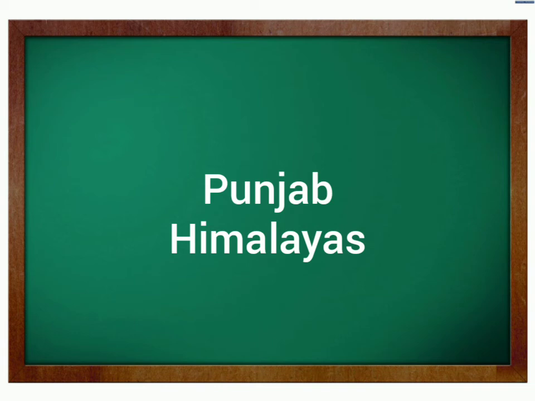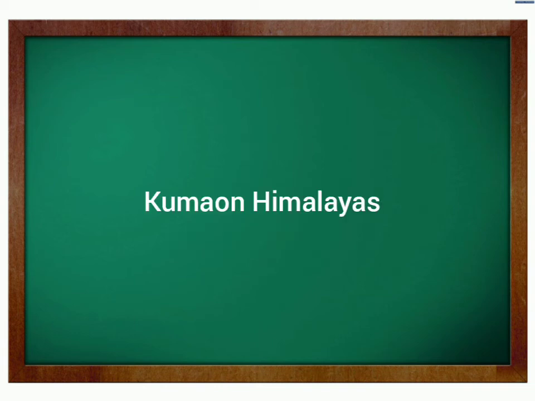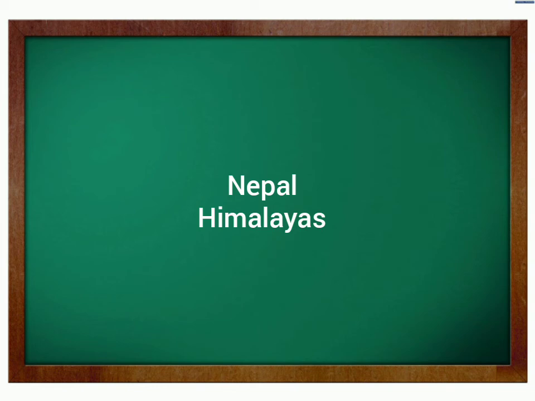Next, between Sutlej and Kali river is known as Kumaon Himalayas. The Kali and Tista rivers demarcate the Nepal Himalayas, and the part lying between Tista and Dihang river is known as Assam Himalayas. So there are Punjab Himalayas, Kumaon Himalayas, Nepal Himalayas and Assam Himalayas.